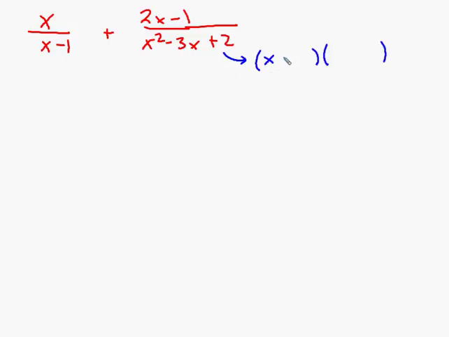We get x minus 2 and x minus 1. And of course, this fraction, there is no factoring. It's already done. So what's my common denominator? x minus 2, x minus 1.